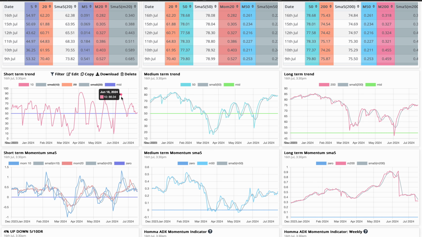Okay, as a trigger what I use is the 5-period SMA of this, and the crossover is a very good indicator of bullishness and bearishness in the market.